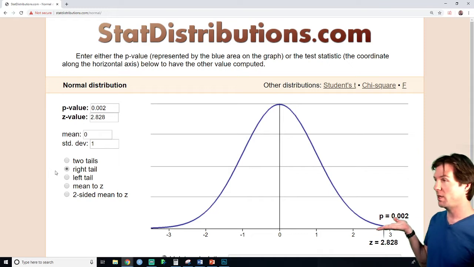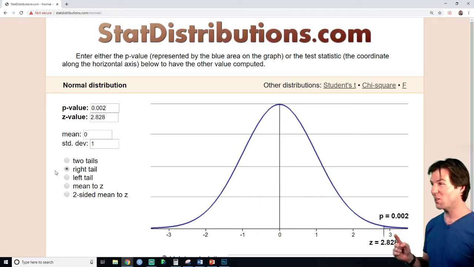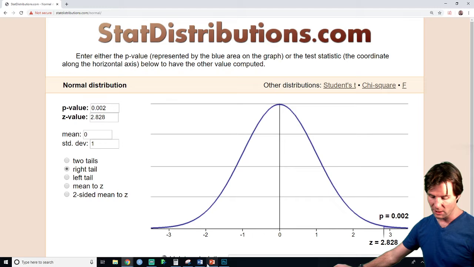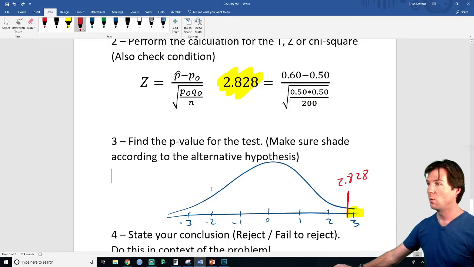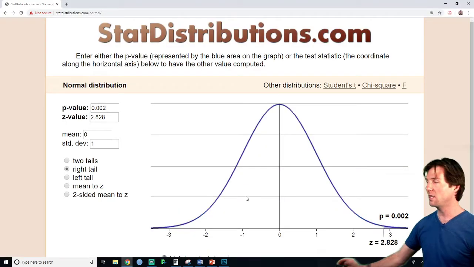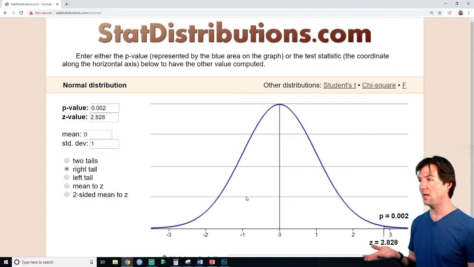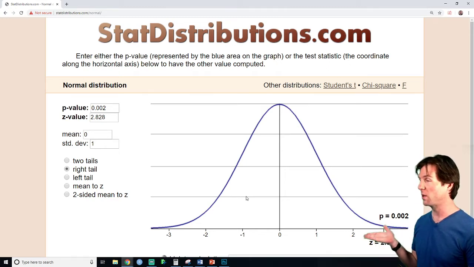So that is a very low p-value. Does this look a lot like the curve I was drawing in Word? It should. That's my goal. What I was trying to do is draw out the curve and do the same thing, because we often have people say, wait a minute, how can I do that on the test? Well, you can draw it out. And we try to make things like this where the p-value is going to be very small.